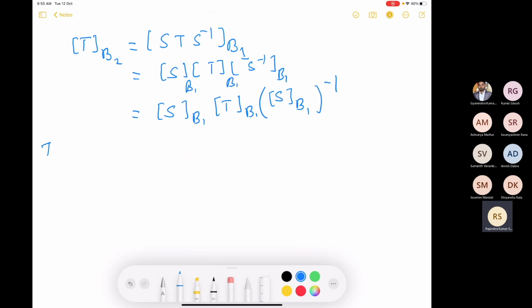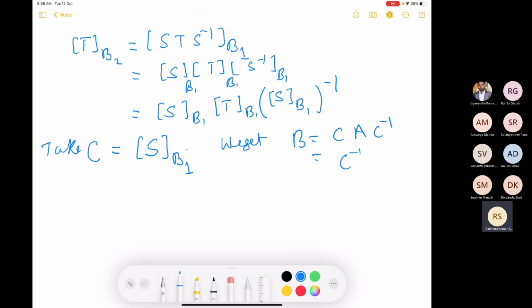Now you can take this U to be, if you want to write in terms of it, call it C. So let us take C to be the matrix of S with respect to the ordered basis B1. What we get is B equals C A C inverse.